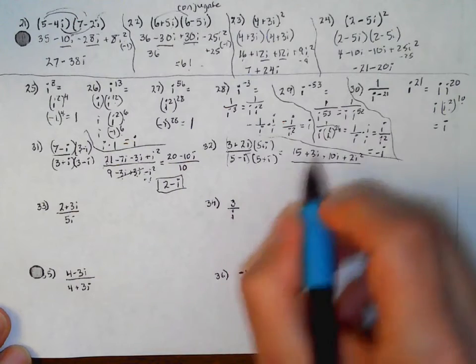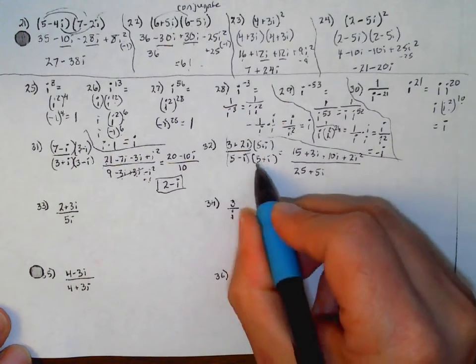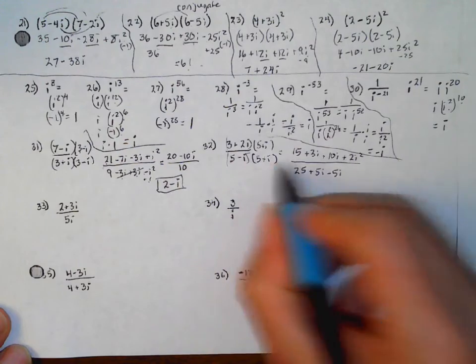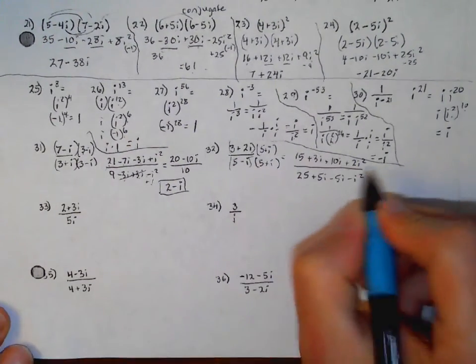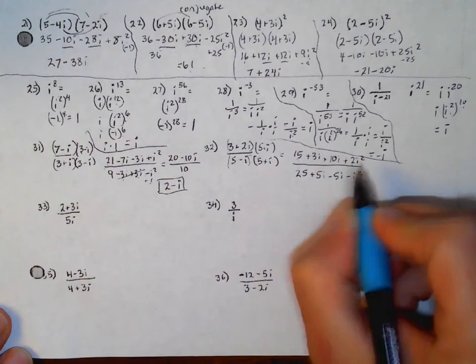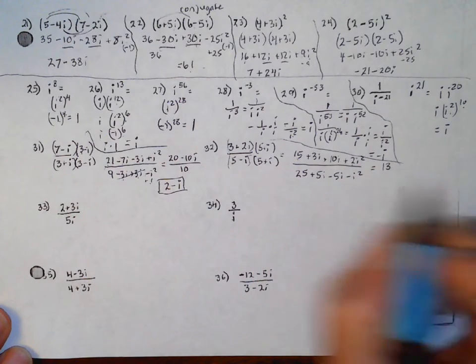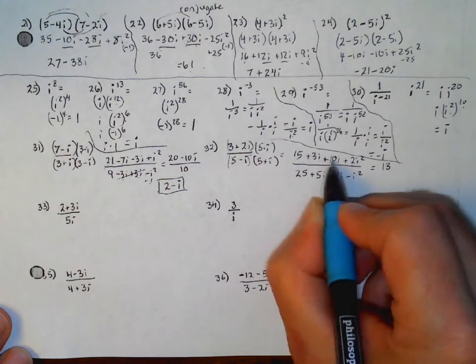On the bottom, 25, plus 5i, minus 5i, minus i squared. Okay, so we simplify stuff. So i squared is negative 1, which makes that a negative 2. So 15 minus 2 is 13. And adding these together, that was a plus 10, right? Yep, 13i.